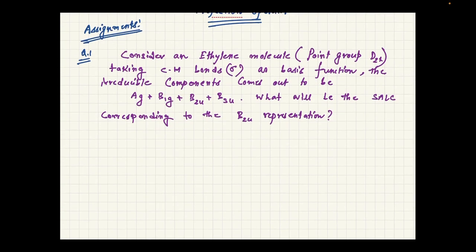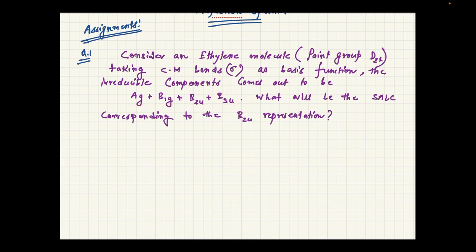In this question, the ethylene molecule is given and the point group is also given, D2H. We have to take the CH sigma bonds as the atomic orbital basis function. In the ethylene molecule 4 CH sigma bonds are there, so we take these 4 CH sigma bonds as basis function, and the irreducible components come out to be Ag plus B1G plus B2U plus B3U.